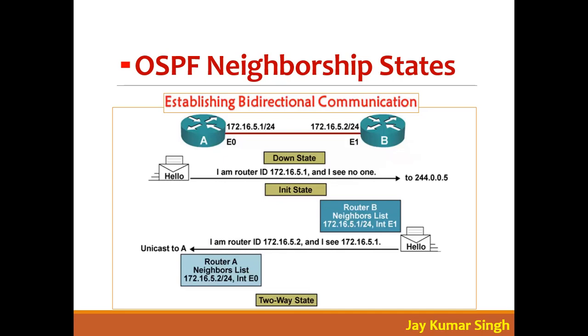When router A and router B are connected and you configure OSPF on router A, by default the state is down because OSPF is not enabled. Once you enable OSPF on router A, it will start sending a hello message saying, I am router ID this. See, it is not saying that I am router A or router B; it is saying that I am this router ID.